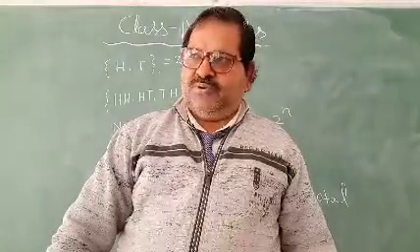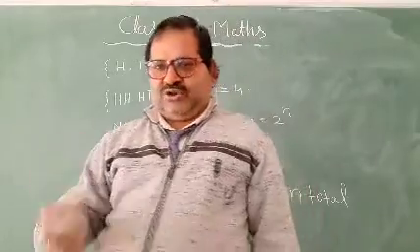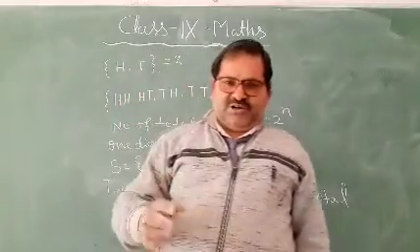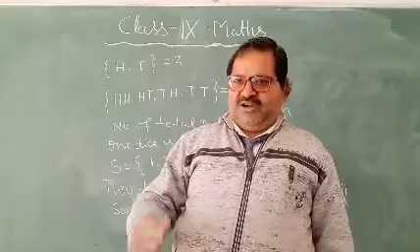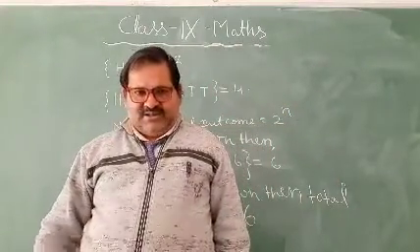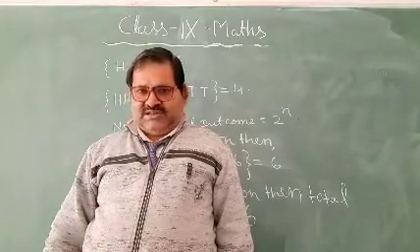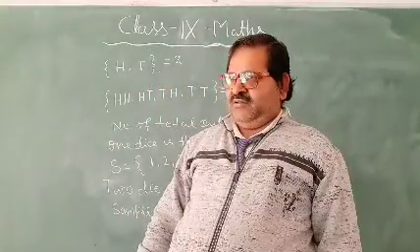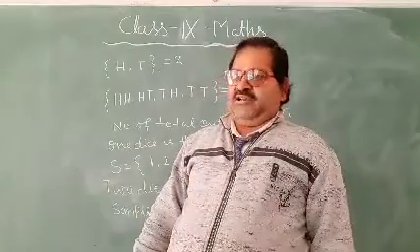If one dice is thrown, then we get the total sample space 1 2 3 4 5 6, and if two dice are thrown, then the total sample space is 36.